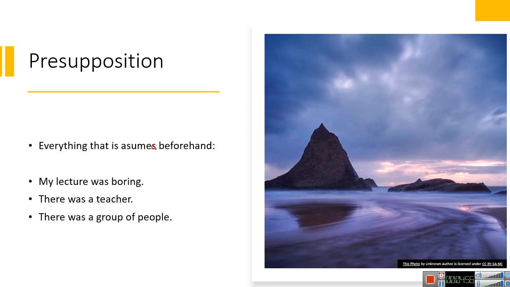For example, we have, my lecture was boring. I am supposing, well, there was a teacher, of course, because you had a lecture. I am also supposing that you're not alone, so there was a group. Those are called presuppositions.